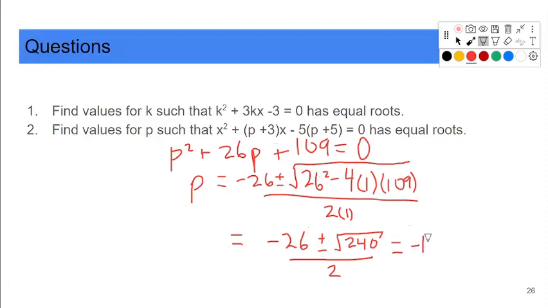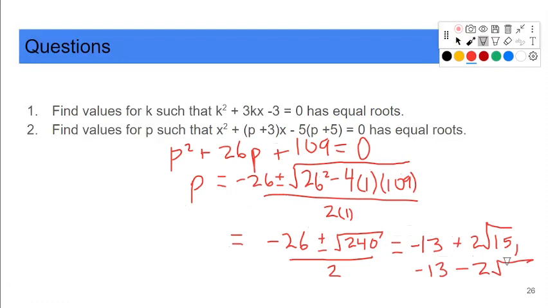And if you use surds and simplify, you would get negative 13 plus 2 root 15, or negative 13 minus 2 root 15.